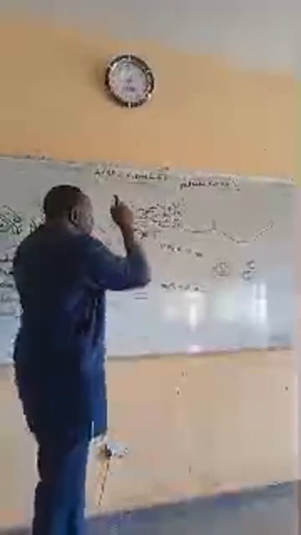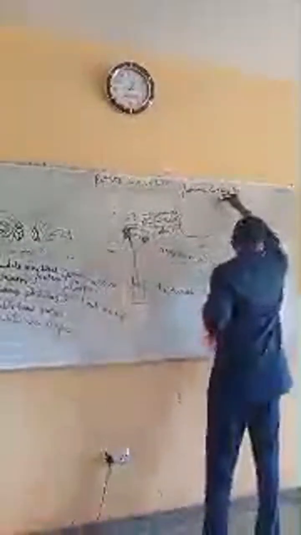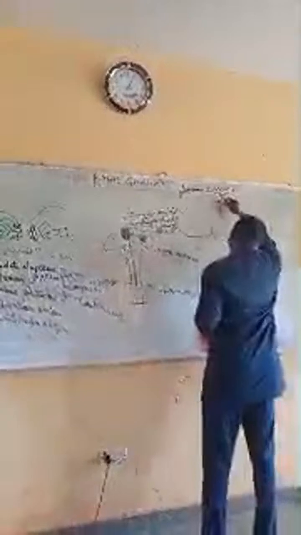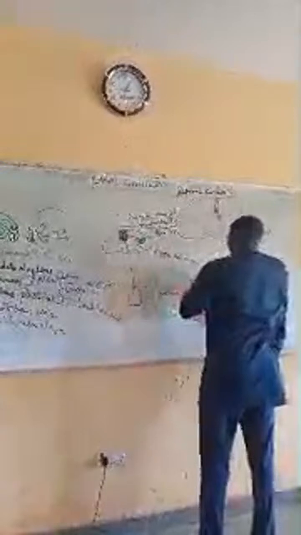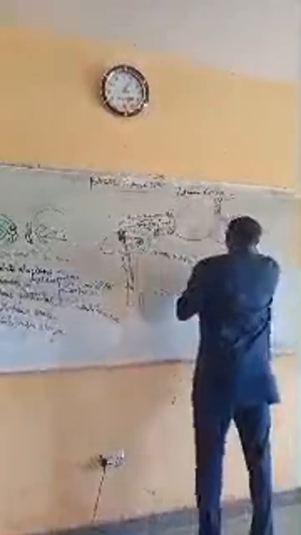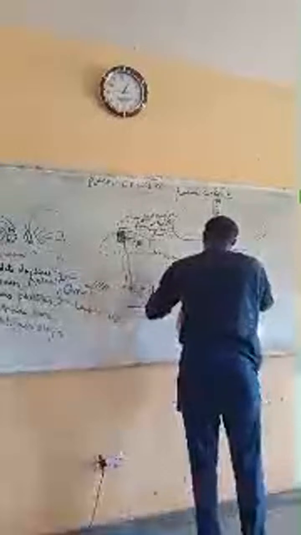So now for the putamen circuit, right? Information will come from the premotor area, right? Let's say this is the postcentral gyrus, right?